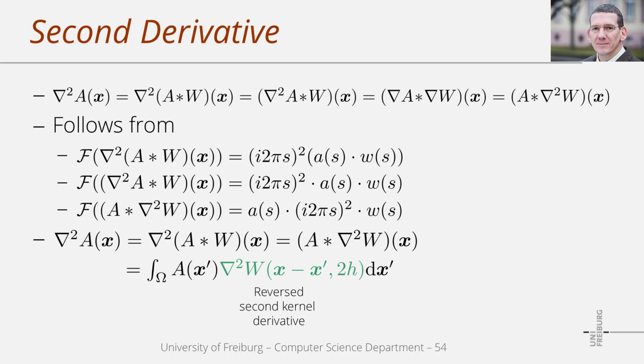So the second derivative of the function a can be written as the integral of the function a multiplied with the second derivative of the kernel function w. In a particle fluid, this relation can, for instance, be used to approximate the Laplacian of the velocity in the viscosity acceleration just from the particle velocities and from the second derivative of the kernel function.